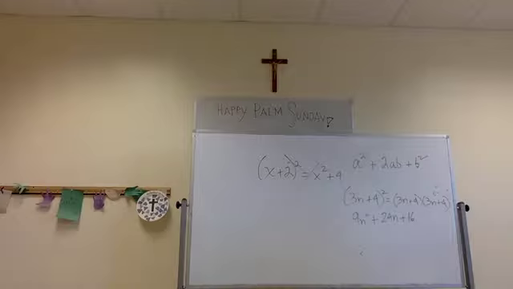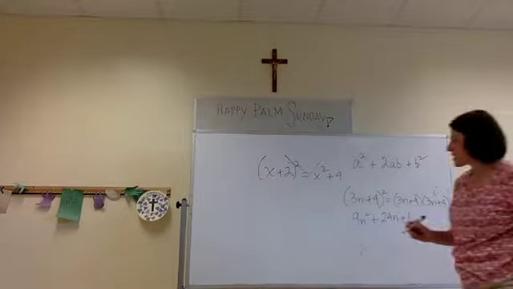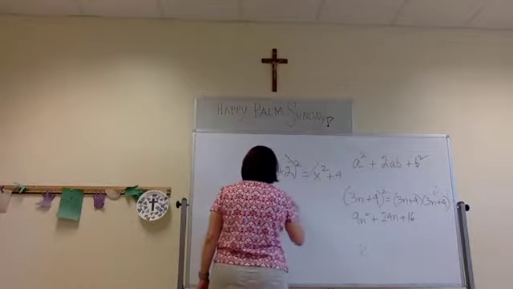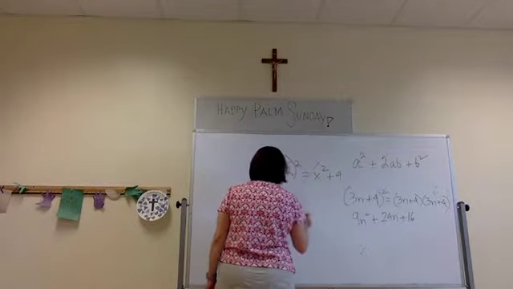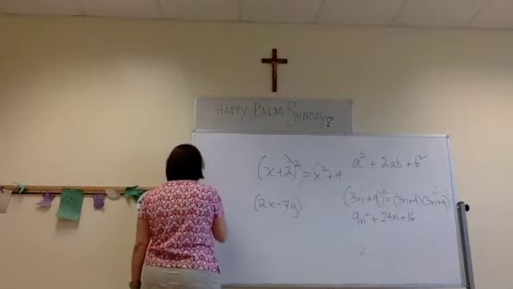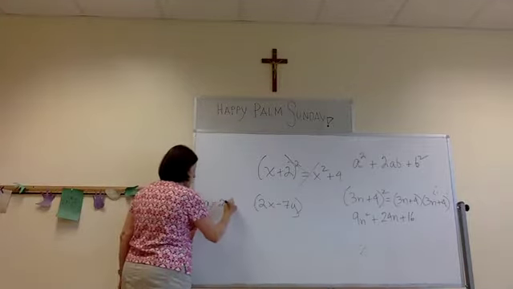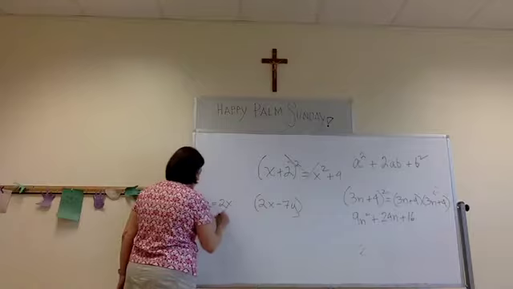All right, so let's do the second part of that example. We're going to do the difference of a binomial squared pattern. So 2x minus 7y. They're throwing in an extra variable now, but it works exactly the same way. Remember, what's going to be a here? 2x, and b is going to be 7y.